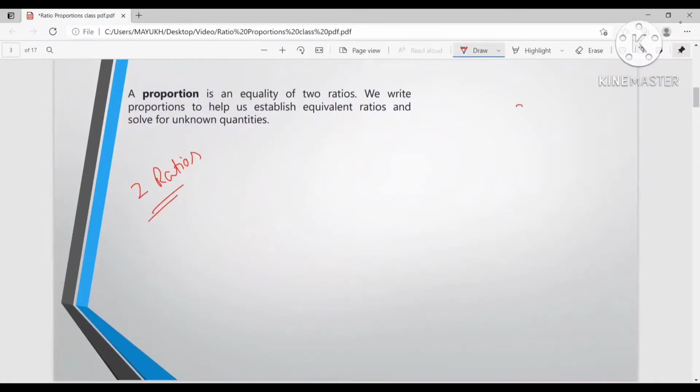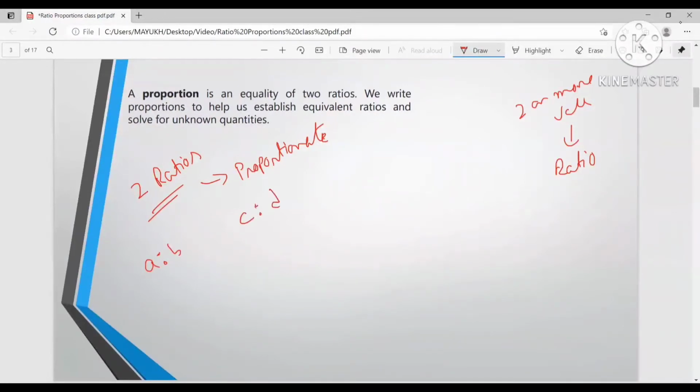Initially, we were comparing two or more values to get a ratio, and now we're comparing two or more ratios so that we can find how they are proportionate. Suppose there are two ratios, A is to B and another ratio C is to D. To say that they are proportionate, we say A is to B is proportionate to C is to D.